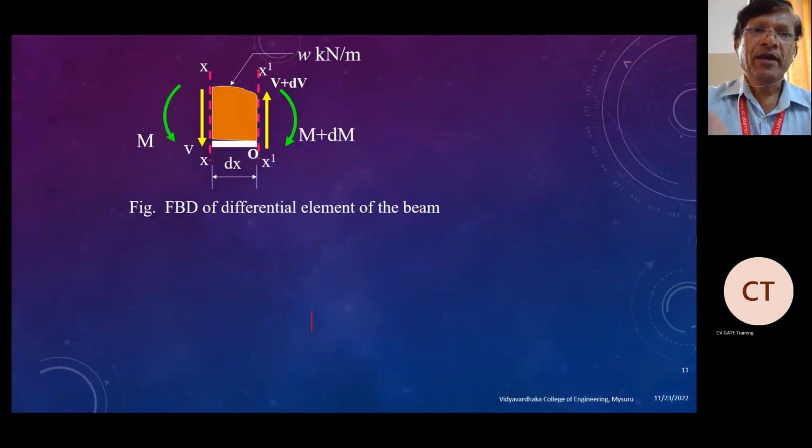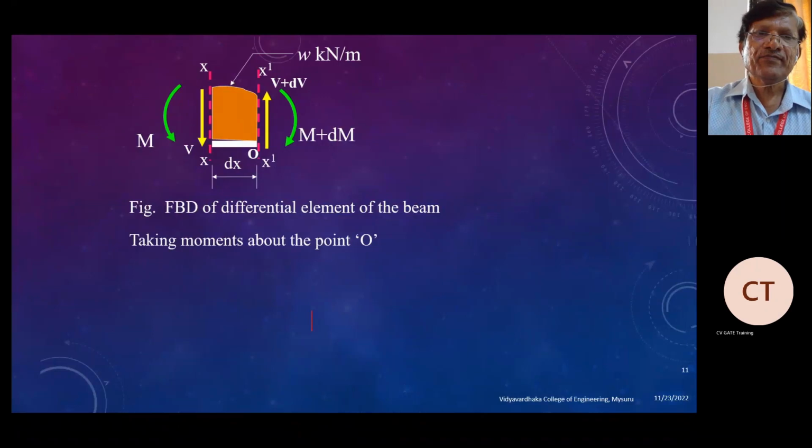If you take a small element of length dx, it will have shear force V on one side and V plus dV on the other side, and moment M on the left side and M plus dM on the right side. The loading is w kilonewtons per meter.